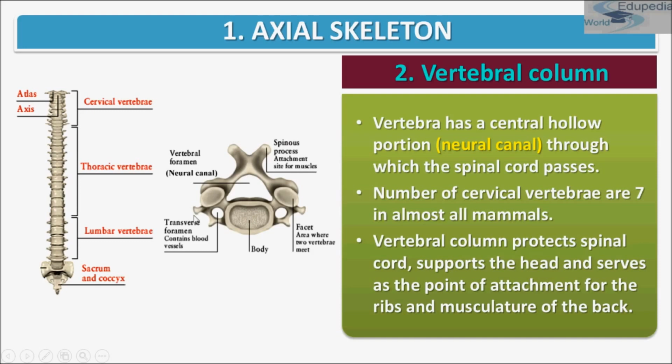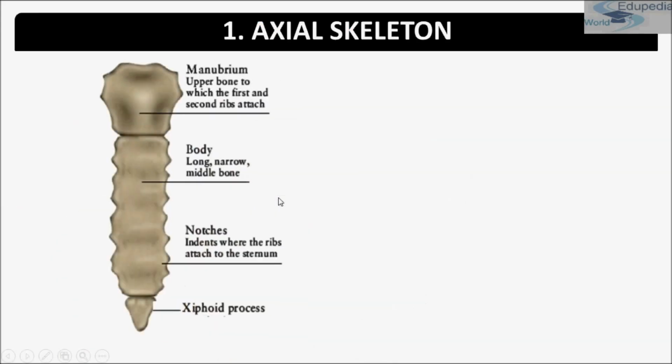And this is the transverse foramen, which contains blood vessels, because of course your spinal cord needs a blood supply. So this transverse foramen fulfills that function. And then this is the body, and this is the facet, the area where the two vertebrae meet.